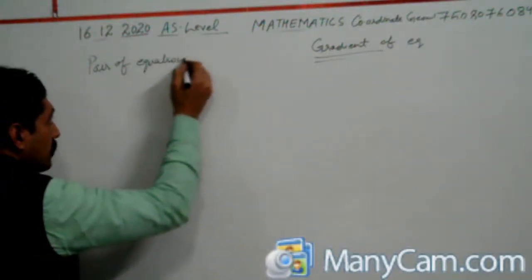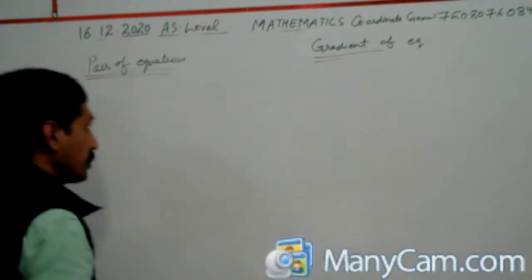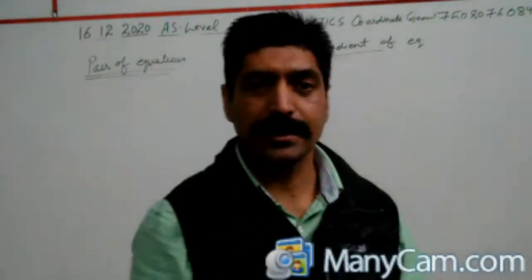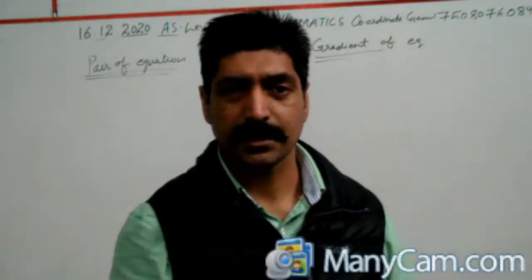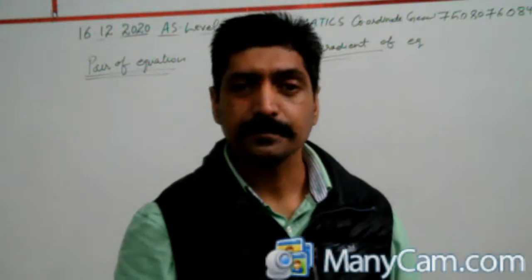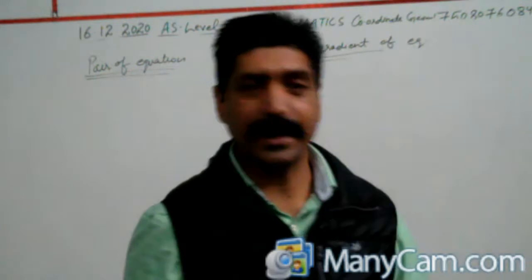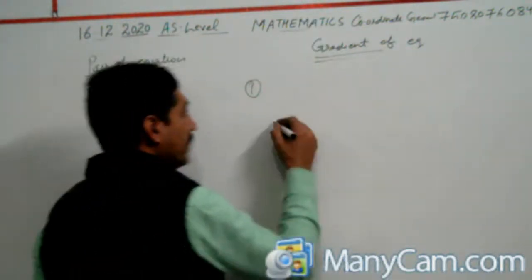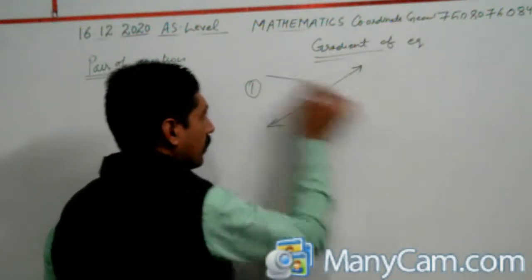Second question, in the pair of equations, we have three possibilities. Either the pair of equations intersect each other, or they are parallel to each other. If we've got two lines, first the two lines may intersect each other, right?